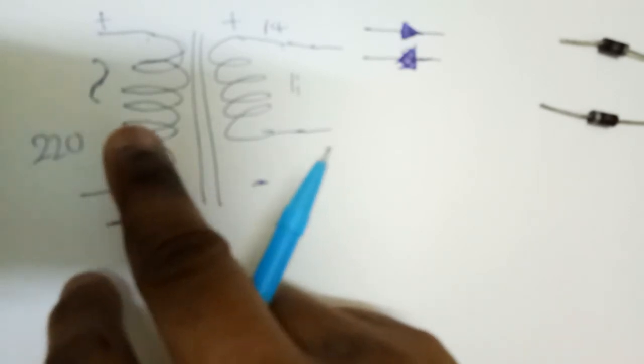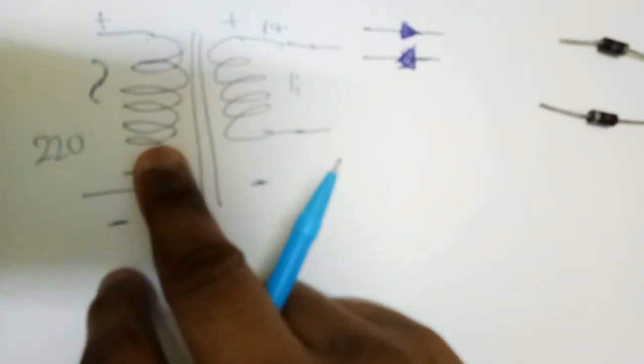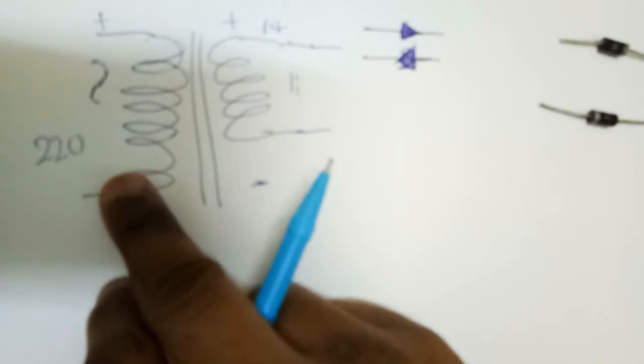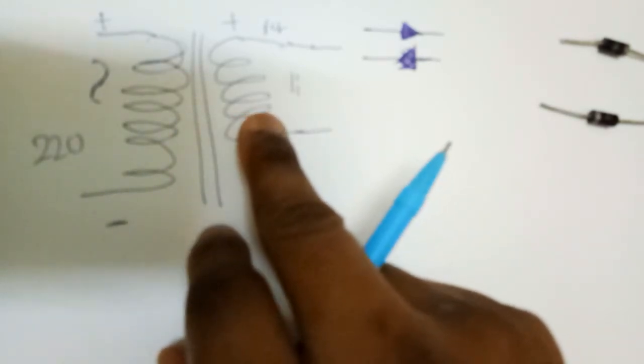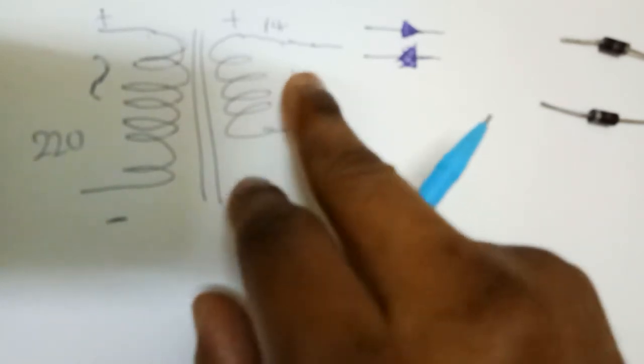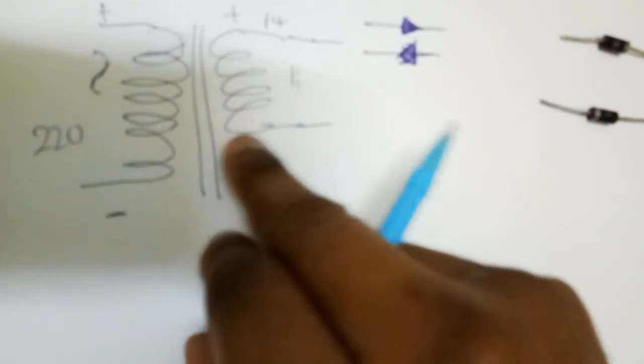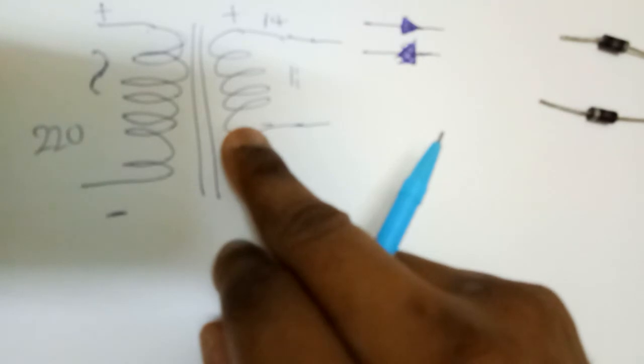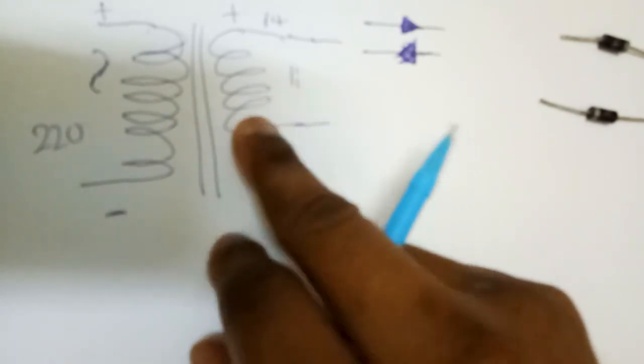So when this voltage is transferred to this voltage by induction, because this coil has fewer turns, the voltage reduces and the current increases.